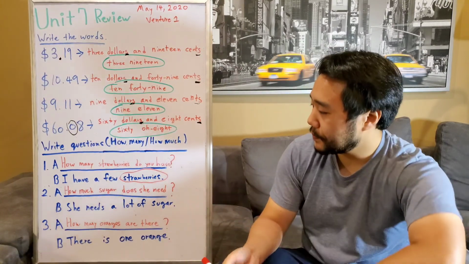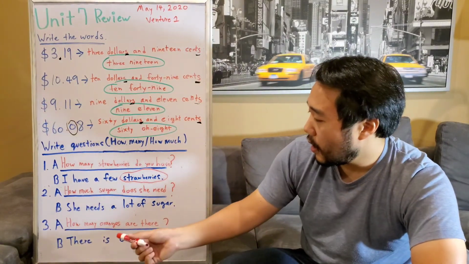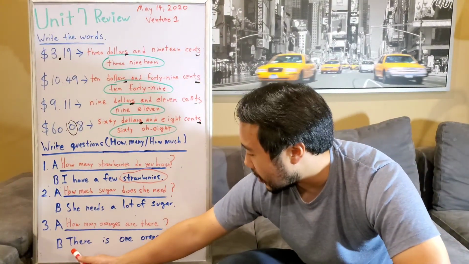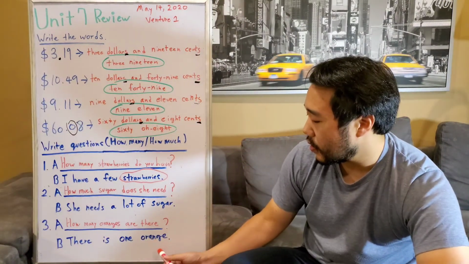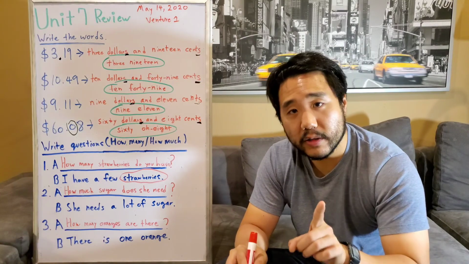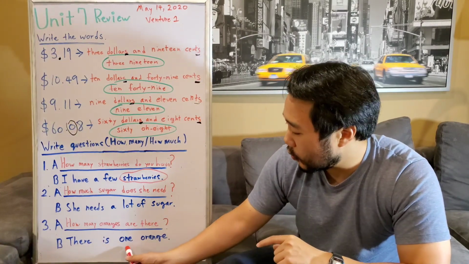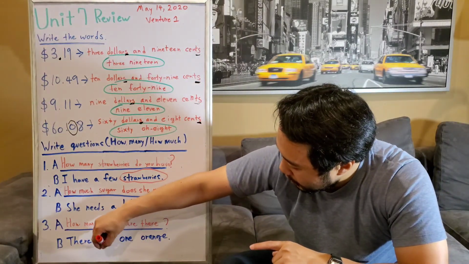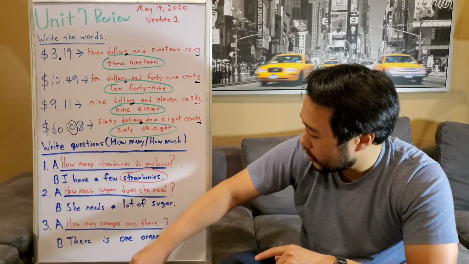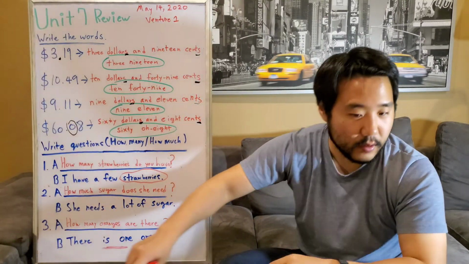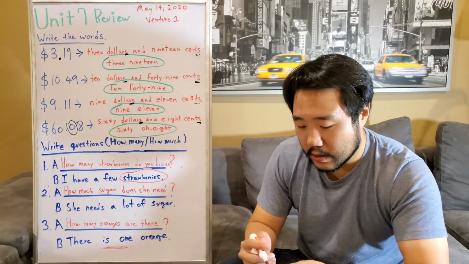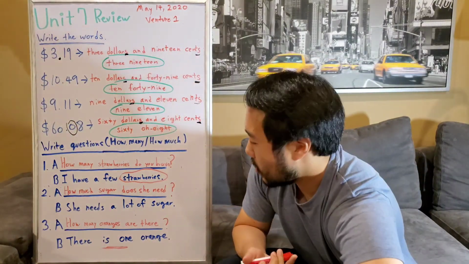Number 3, the hint would be, there is one orange. Orange is a countable noun, and there's only one. Maybe this is a bad one, so I'm going to use a different marker.